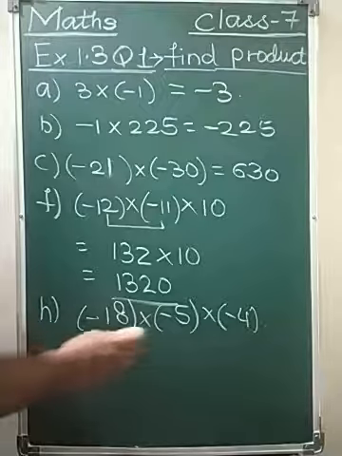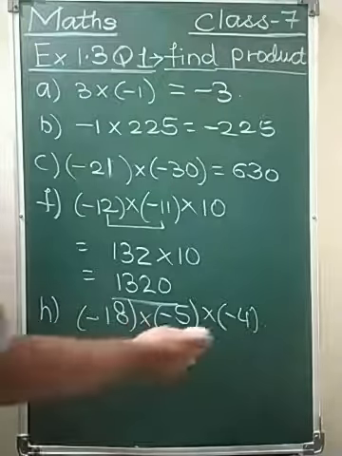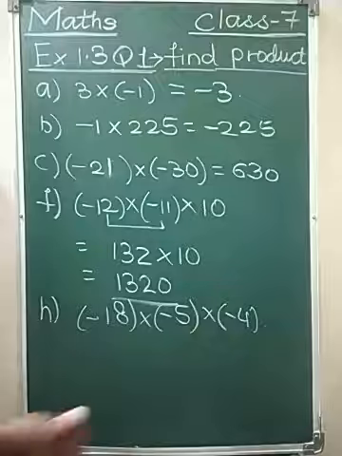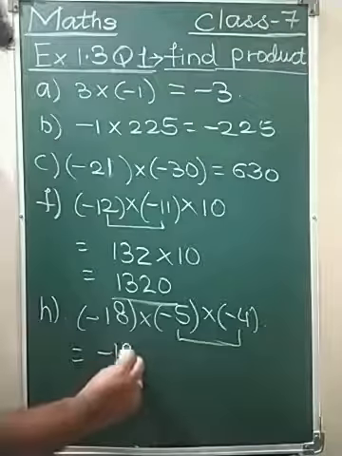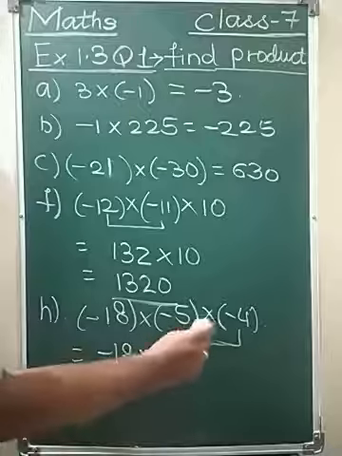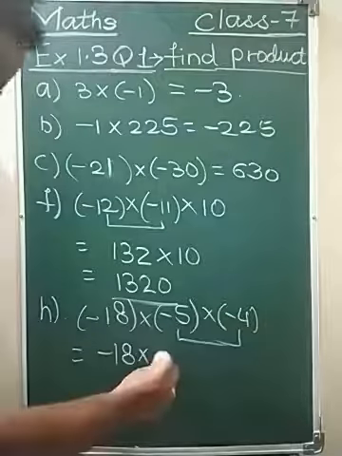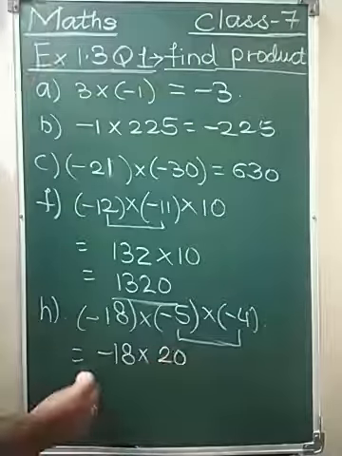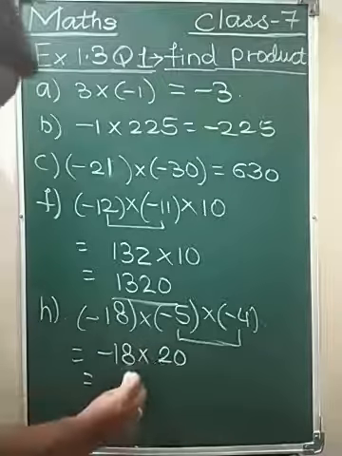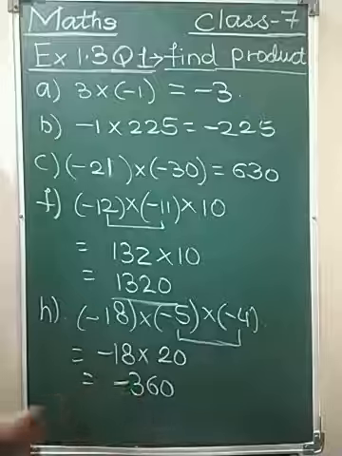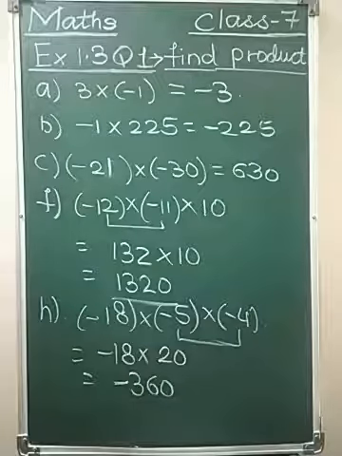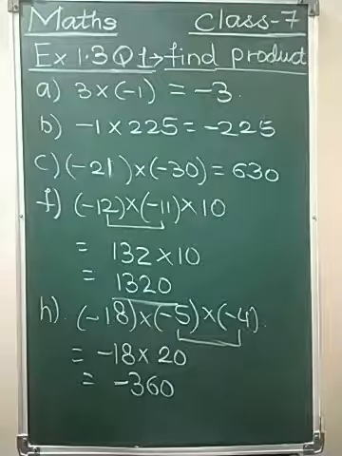We can multiply these two numbers first. So this equals minus 18 multiplied by minus 5 multiplied by minus 4, minus multiplied by minus would be plus. 5 fours are 20. And as you know 18 twos are 36. So the answer is 360. One is a negative integer, so we get the answer as minus 360. And question number H is solved.